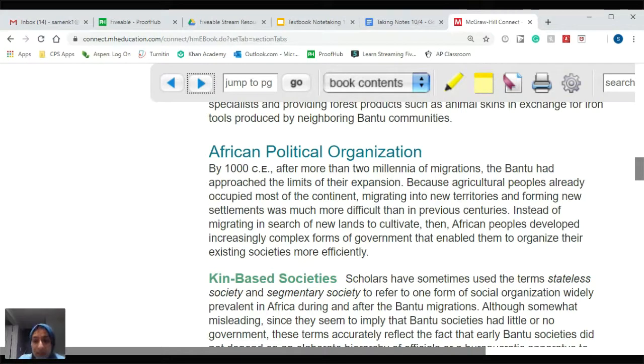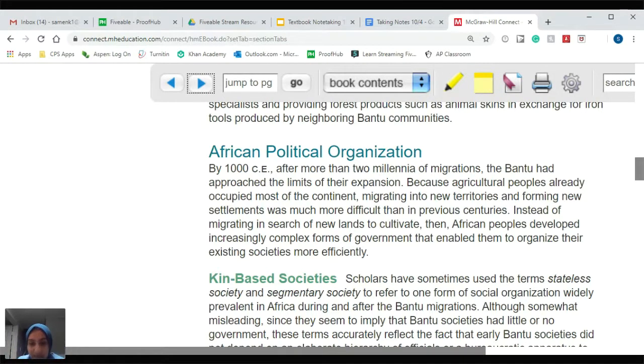So let's see what's important here. It's basically saying that it was really hard to form new settlements because most of the continent at this time was occupied. So instead of forming new settlements, they built on the societies they already had and made them more complex.